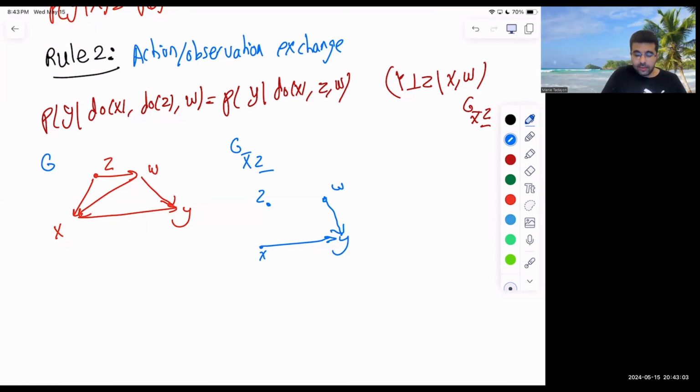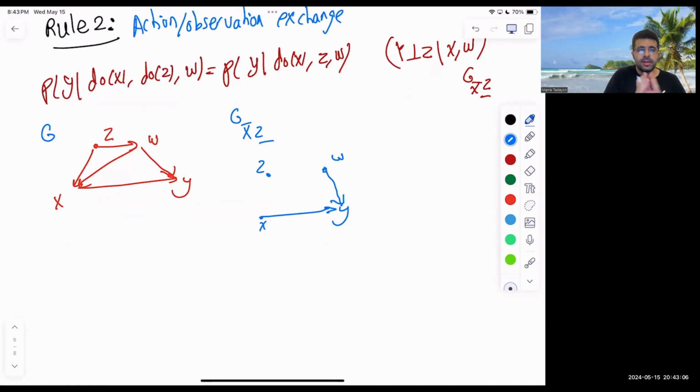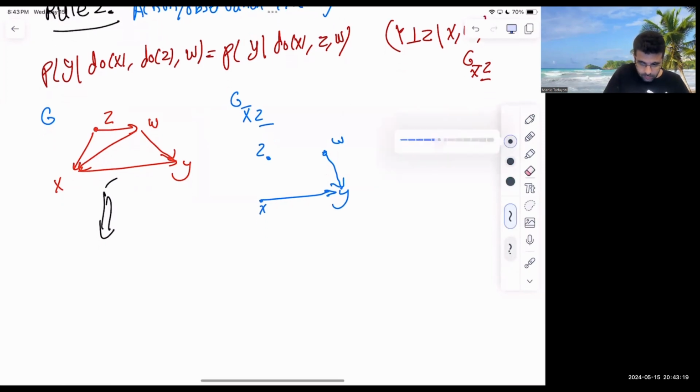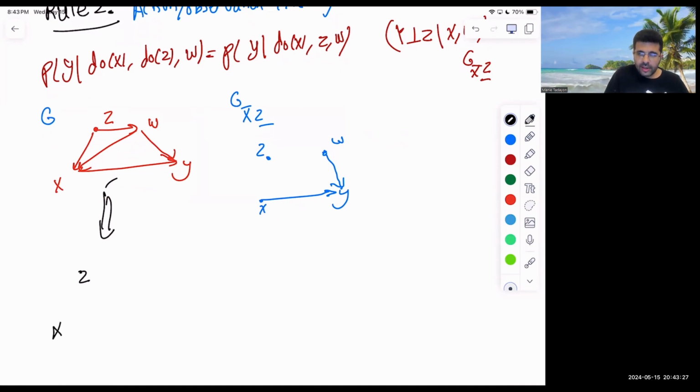Let me see how I look at that. I'm saying this is very hard to convince us, but I'm saying that these rules are valuable. I don't want to look at these rules. I want to start from this graph. I want to go ahead and apply do Z, do X. Do Z means remove all the edges that go into Z. I don't have anything going to Z, but I have something going to X. This one, this one, this one, and this one.